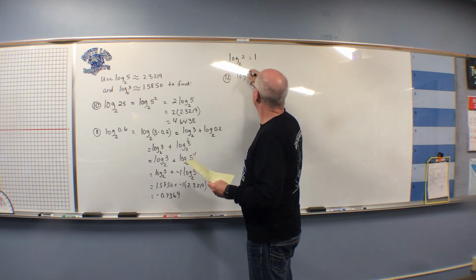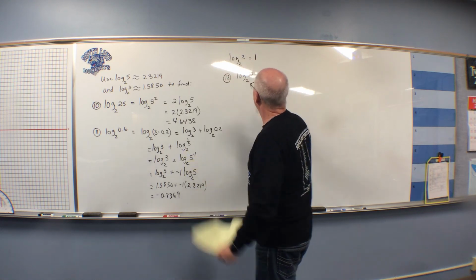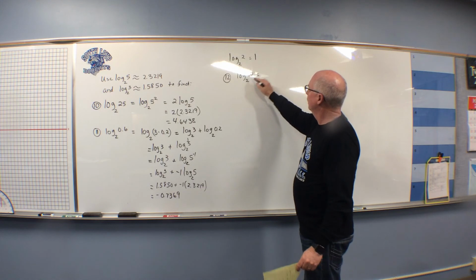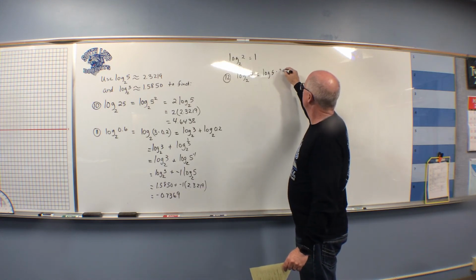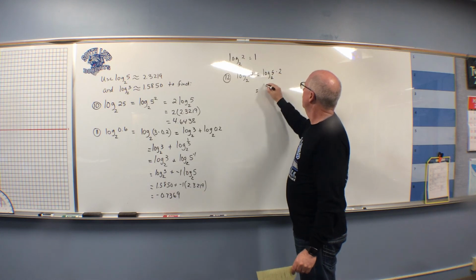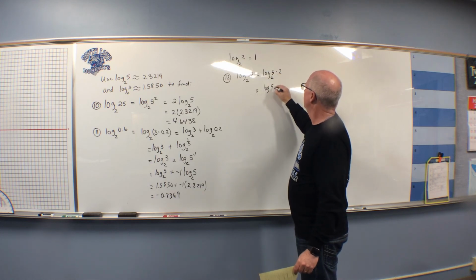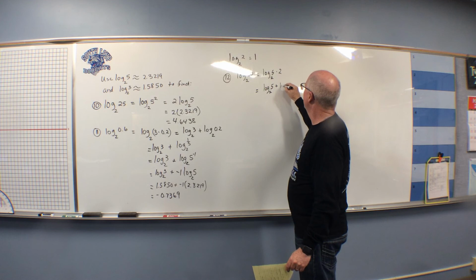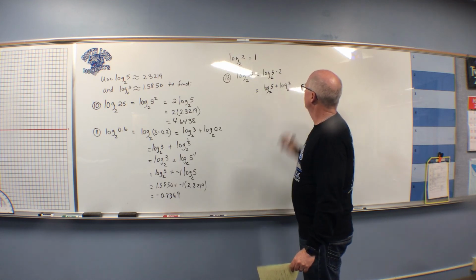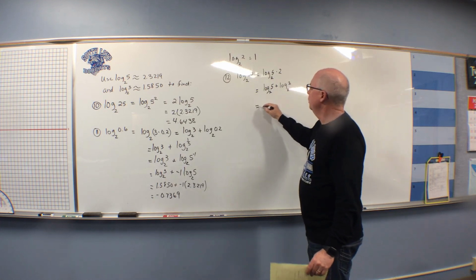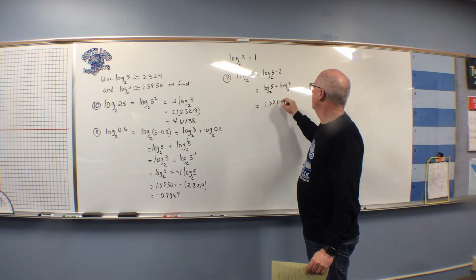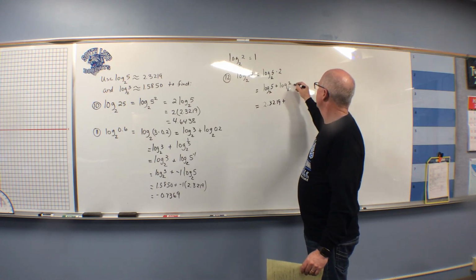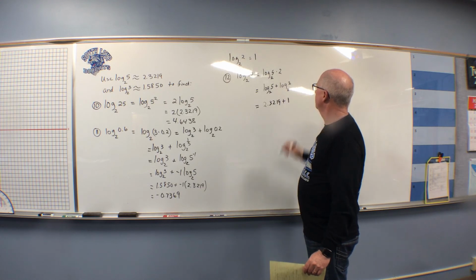The log of 10 base 2. All right? I can write the log of 10 as the log of 5 times 2 base 2, which is the log of 5 plus, base 2, sorry, the log of 2 base 2. So I do know that the log of 5 approximately equals 2.3219, plus 2 to the first power is 2, so that is plus 1.